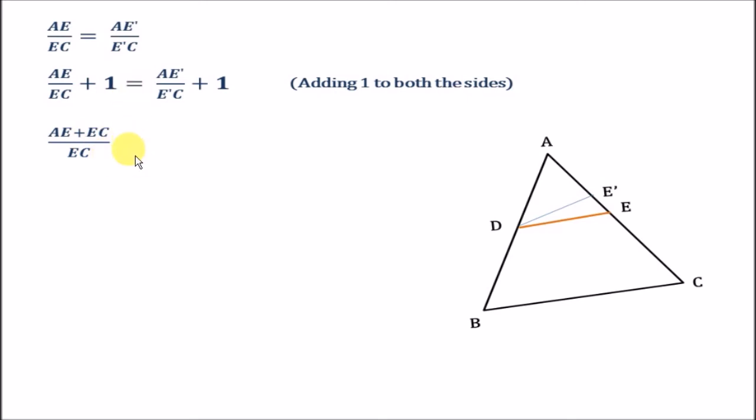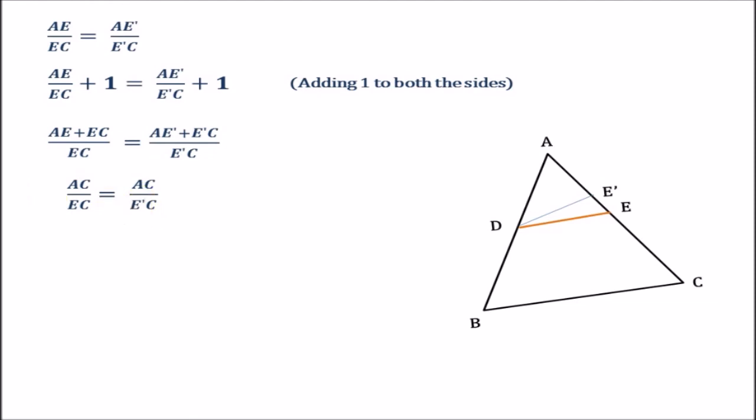Now on the right hand side, we will have E dash C as the LCM. So AE dash will be as it is, plus E dash C into 1 gives us E dash C. Now the numerators of both sides add up to AC: AE plus EC is AC, and AE dash plus E dash C is also AC. So we have our equation as AC by EC equals AC by E dash C.